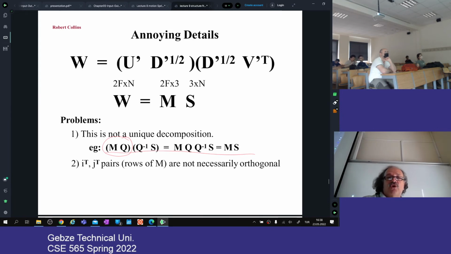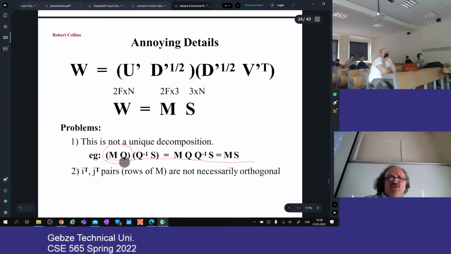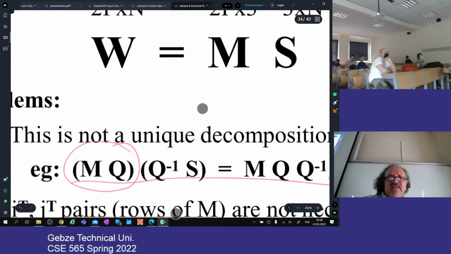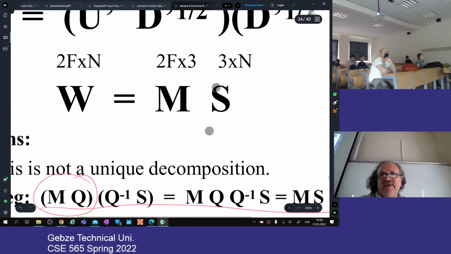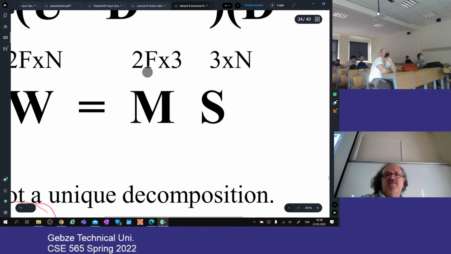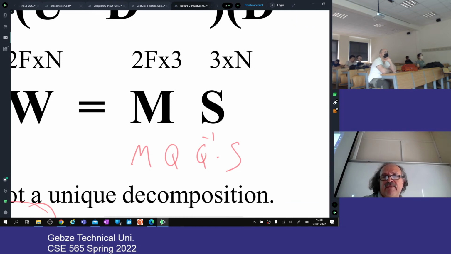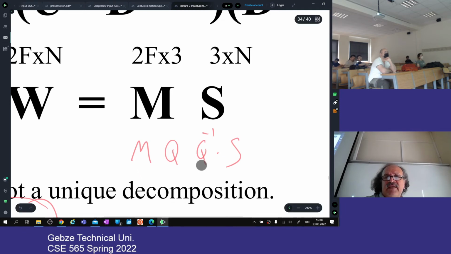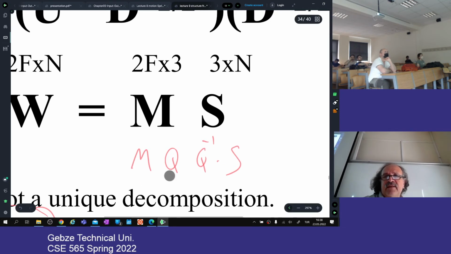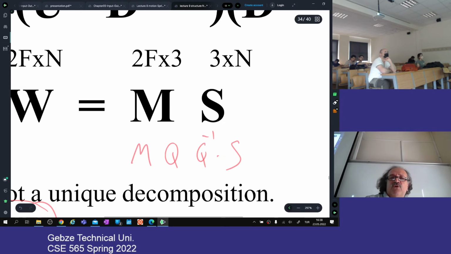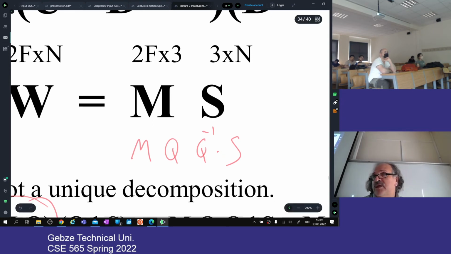What is the size of this Q? M is 3F by 3, so I am going to do M times Q, Q inverse times S. What is the size of Q? Tell me. First of all, I am going to take the inverse of it, so it has to be square.